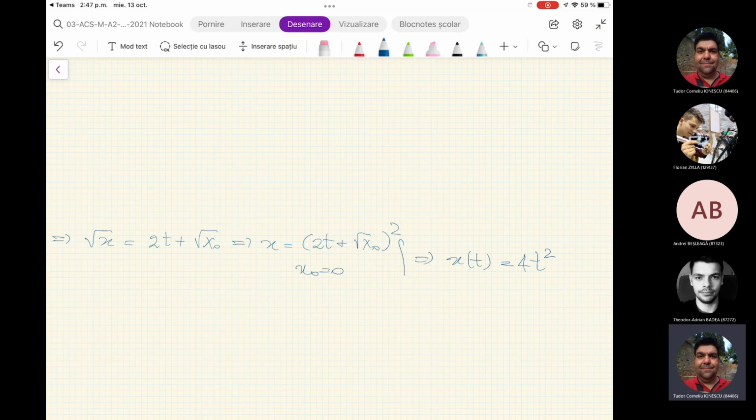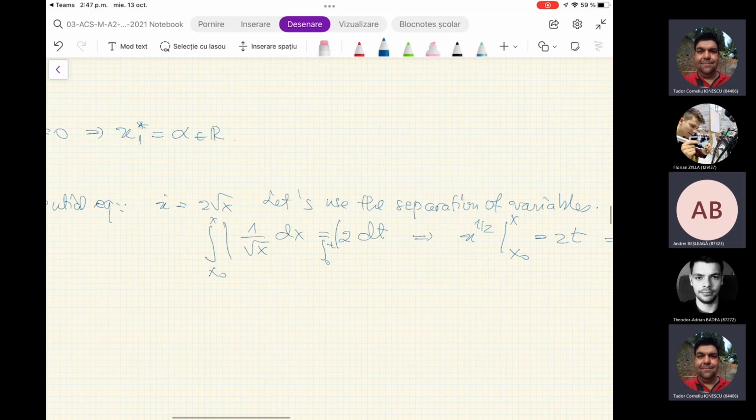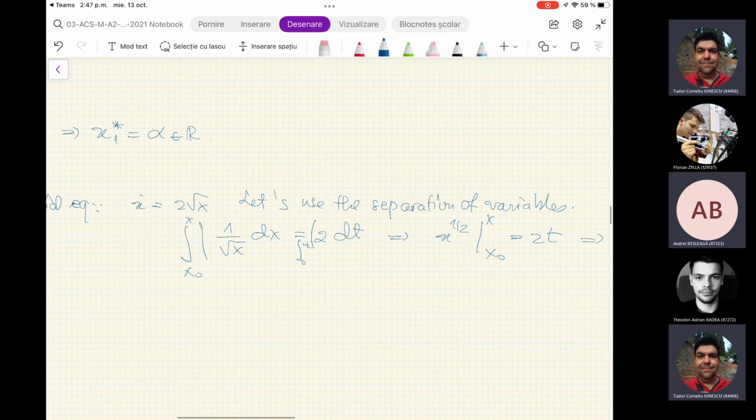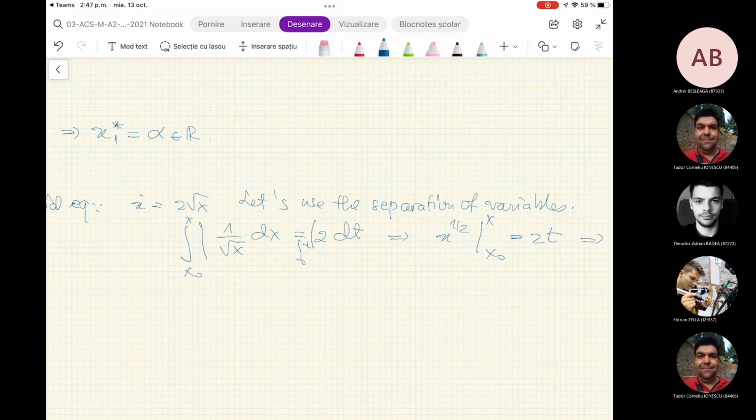Agreed? Correct or not? I think it's correct. Teacher? Yes. I think the integral of 1 over square root of x is 2 square root of x. Oh, yeah, it should be 2.